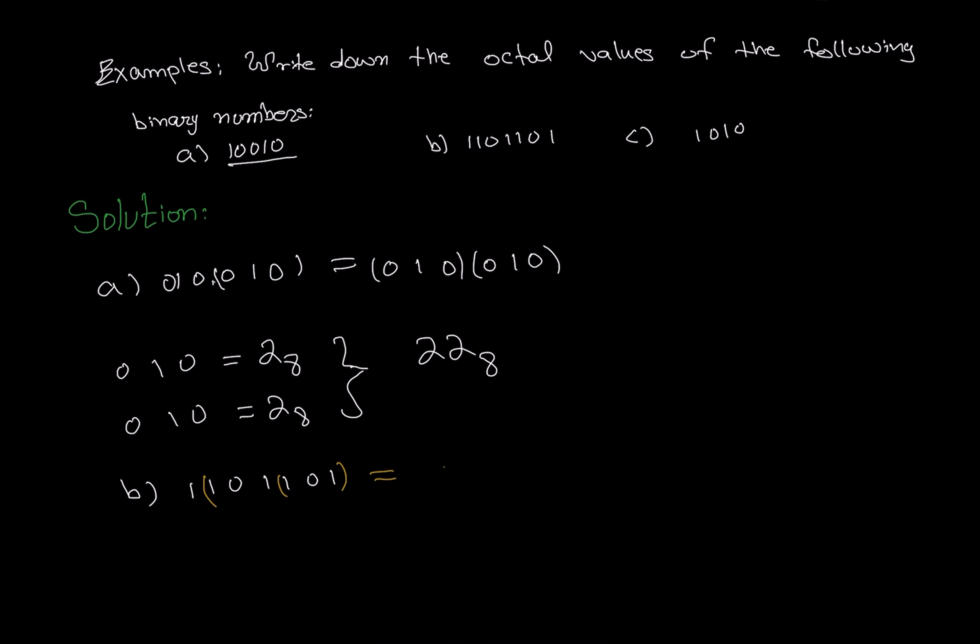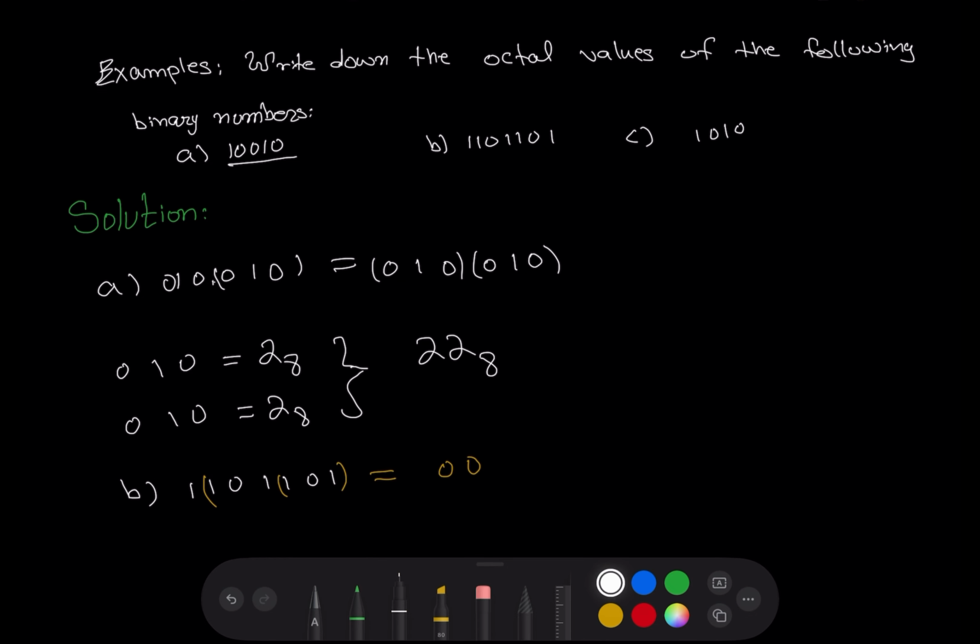We will just add 2 more zeros there. Okay, that'll be 0 0 1 1 0 1 1 0 1. So now if you separate them, it'll be 1 3, and that's the second 3, and this is the third 3 digits.